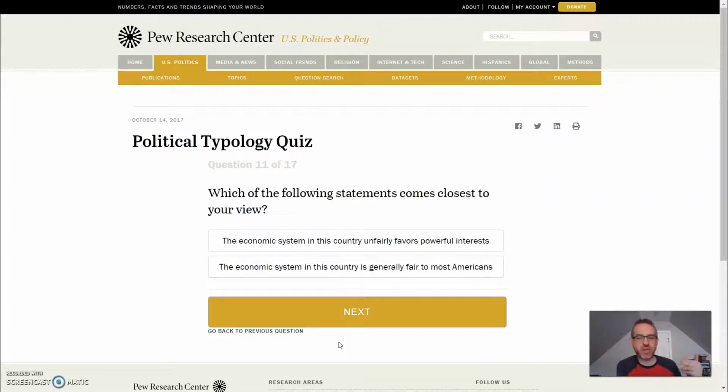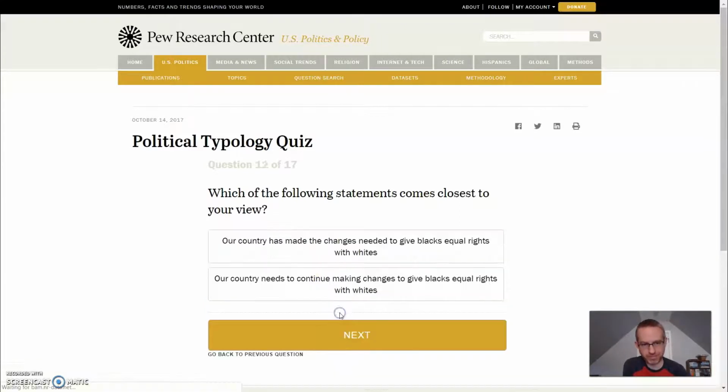Maybe you're focusing on how much people donate to campaigns of particular individuals. Okay, or do you think that generally the economic system in this country is fair to most Americans? You're not worried about inequality based on I've got a lot of money and therefore my views are more easily heard. Okay. Click the top one.